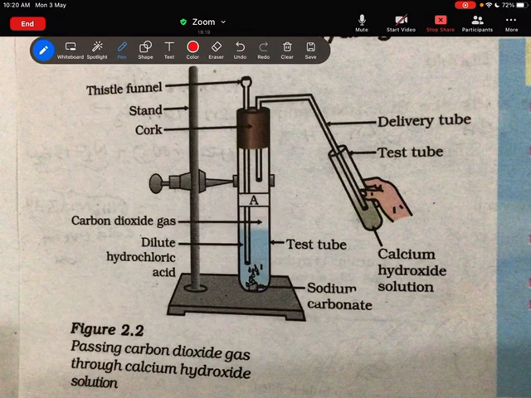You see a test tube in which sodium carbonate is taken. To that, we are passing dilute hydrochloric acid through this thistle funnel. A thistle funnel is a glass tube with a mouth like this.